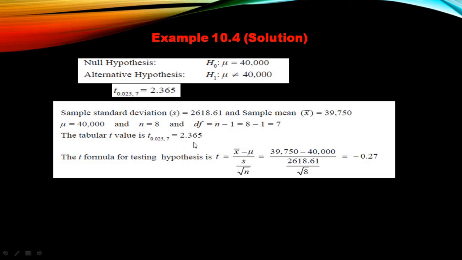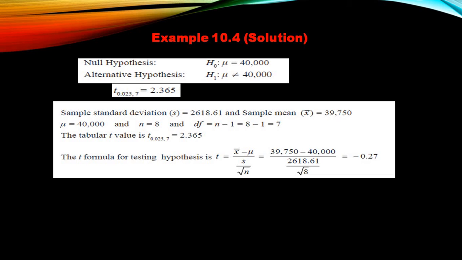You can find it in any standard statistics book. That's not at all a problem. You can find the t table and look for the t value at 5% level of significance with 7 degrees of freedom.